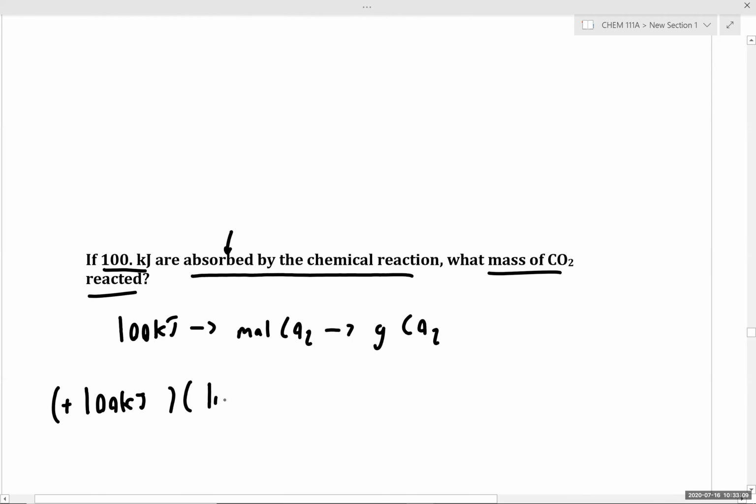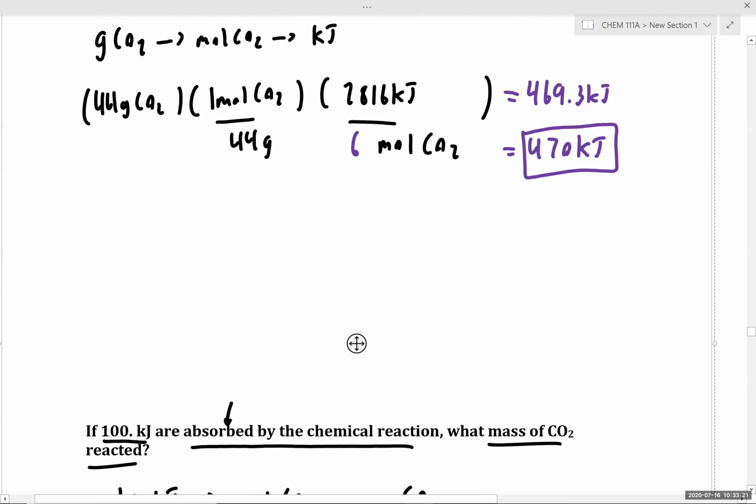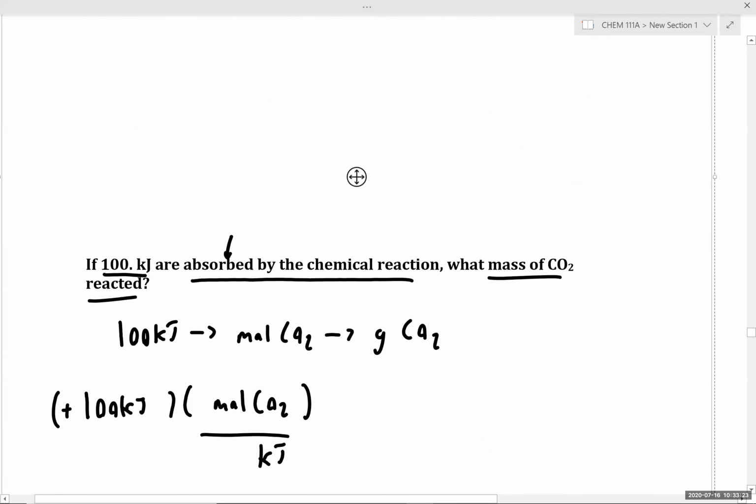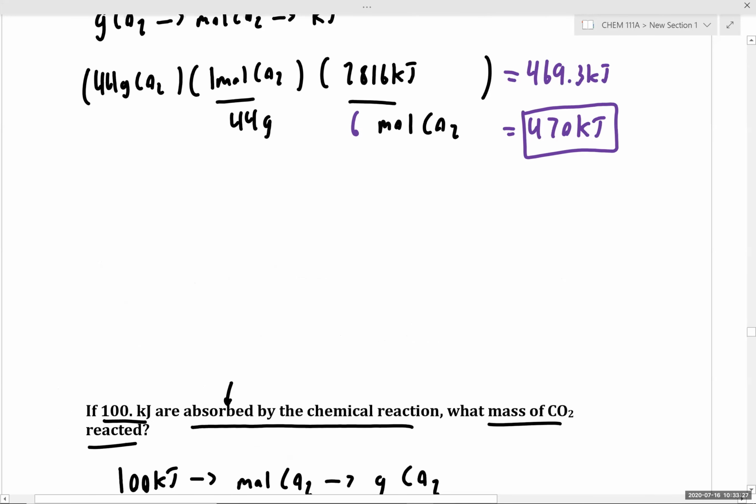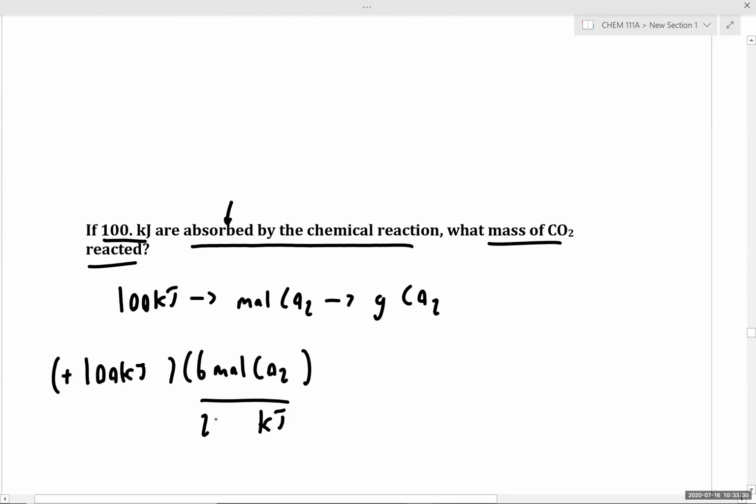Okay, so we have 100 kilojoules. We know that in 1 mole of carbon dioxide, well, how many moles of carbon dioxide react and how much heat is absorbed? So looking at our earlier ratio, we see we have 6 moles of carbon dioxide that react per every 2,816 kilojoules of heat that are absorbed. We also know that we have 44 grams per mole of carbon dioxide.